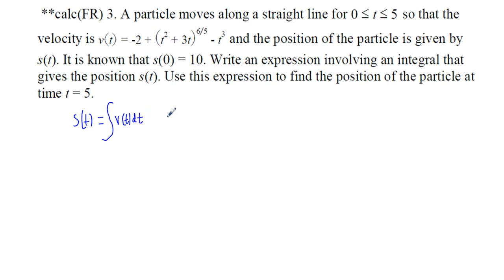Okay? And let's go ahead and look at what that is. It is also known that s of 0 equals 10. We want to find the position at time t equals 5, so s of 5.